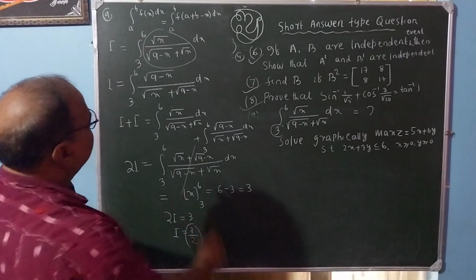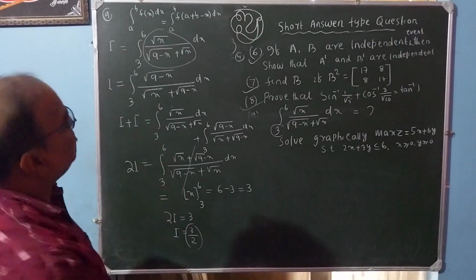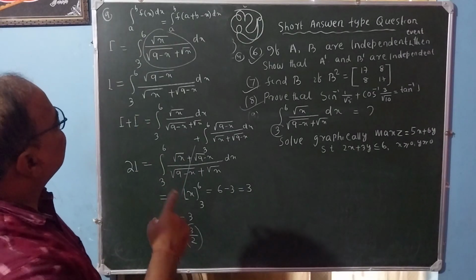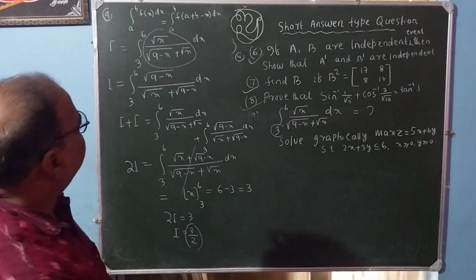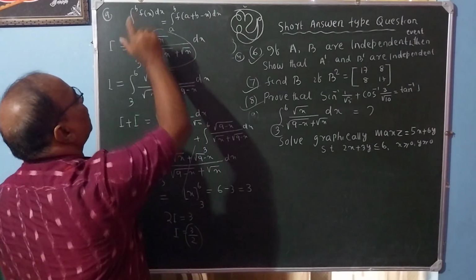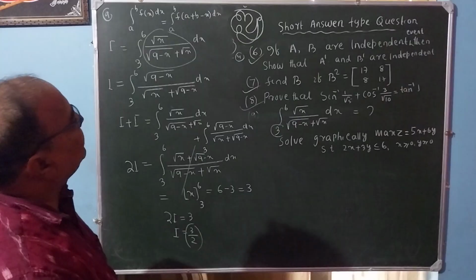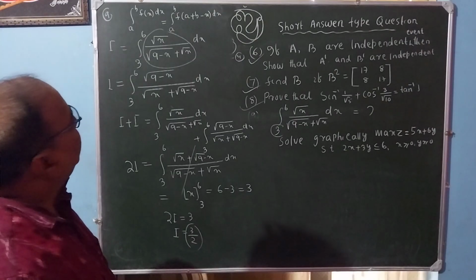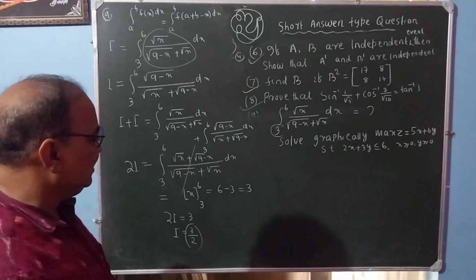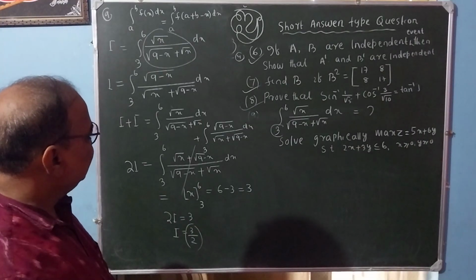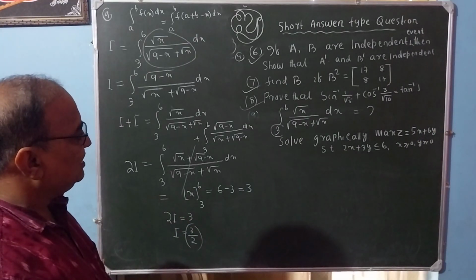So this is the answer of the question. If a question is asking like this, you have to proceed in this manner, using this property: integral from a to b of f(x) dx is equal to integral from a to b of f(a plus b minus x) dx. Very important property in definite integrals.